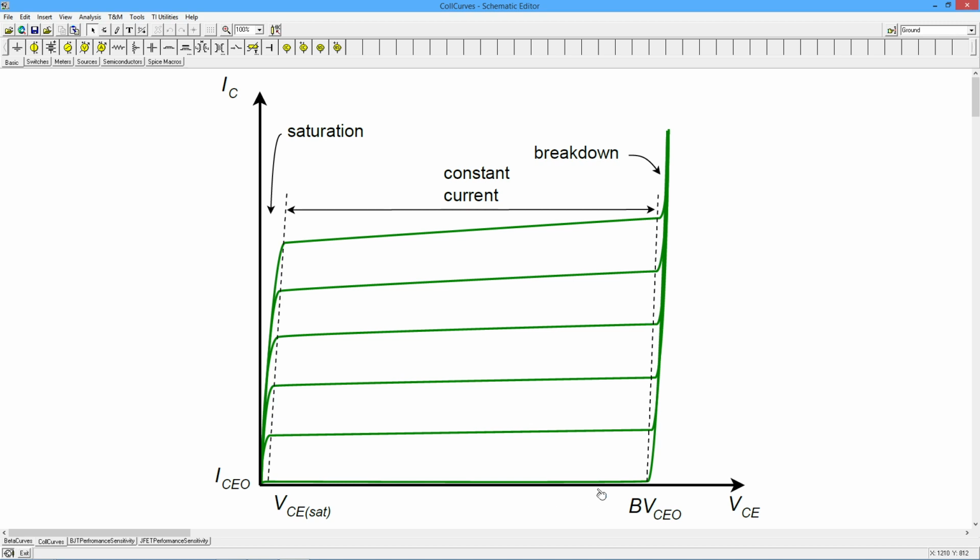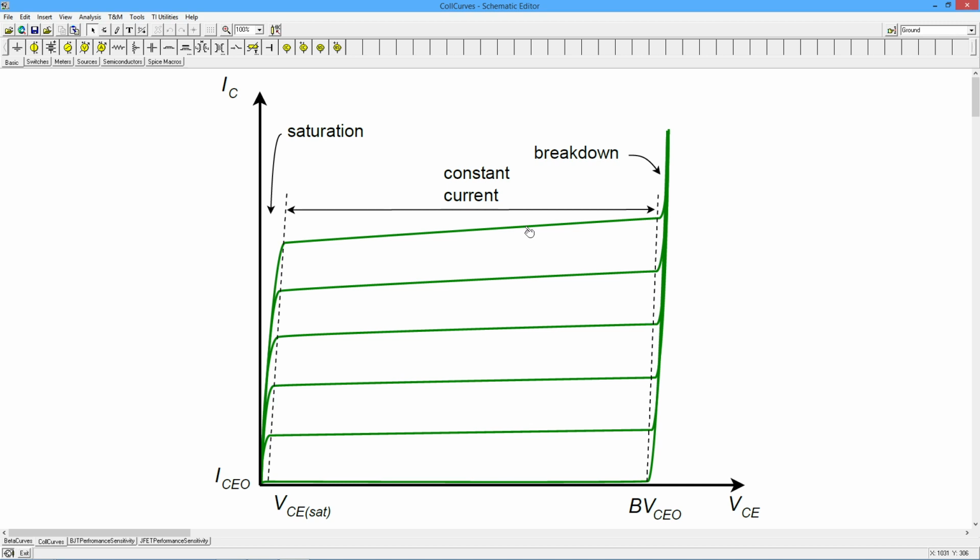But if we crank up that voltage, I'm operating up here somewhere, maybe 20 volts, 30 volts. We come up to this line and we now wind up with a slightly higher IC value for that same IB, which means we have a higher beta.